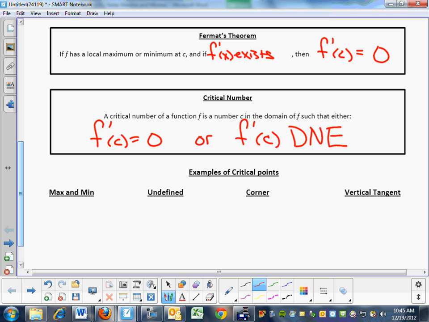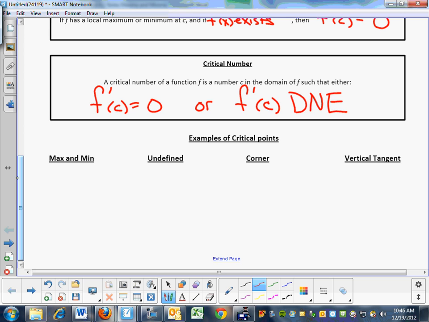Now, let's really press your minds here. If f prime of C does not exist, true or false, I have to have an asymptote there. False. Why? You could have what we call a vertical tangent.